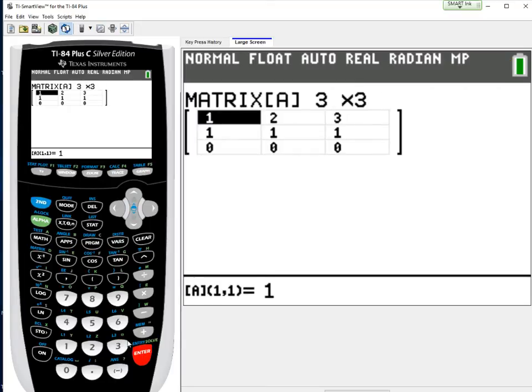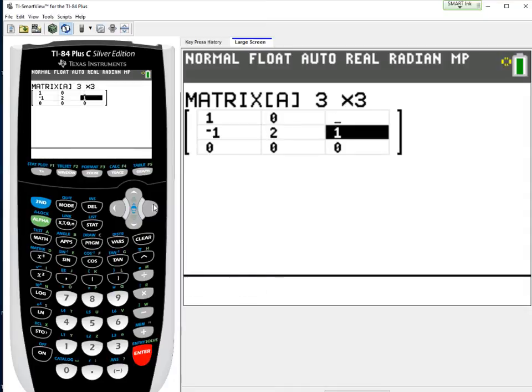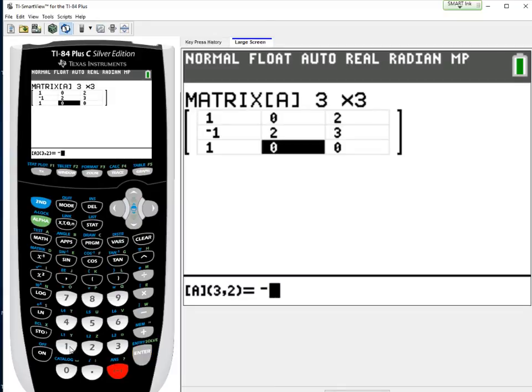And the elements are as follows: 1, 0, 2, negative 1, 2, 3, and then 1, negative 1, 0. So where's my matrix stored? It's in matrix A, right? Is everyone caught up so far?